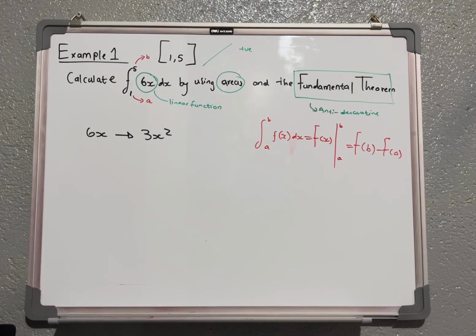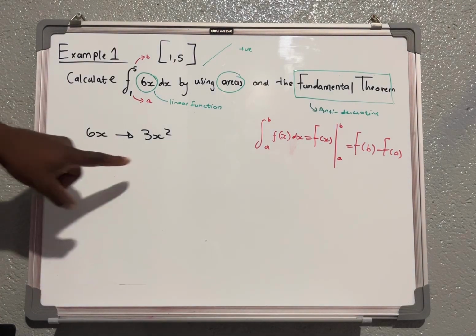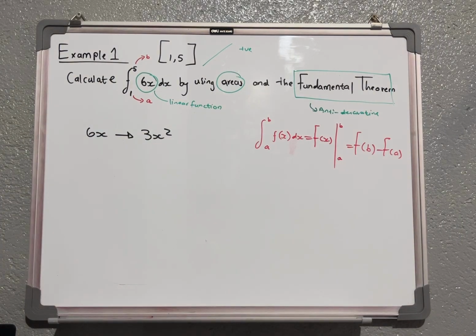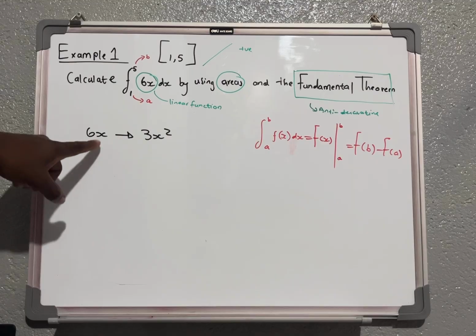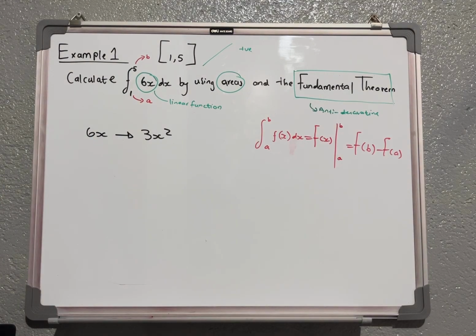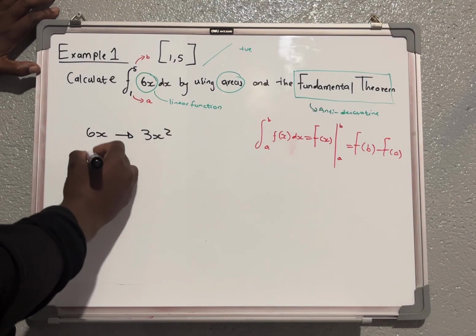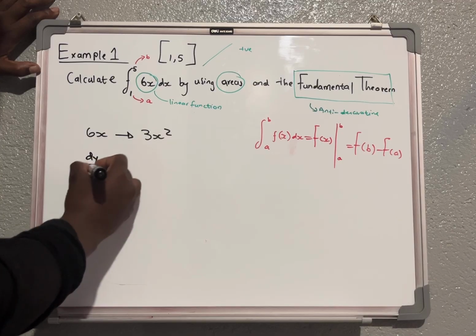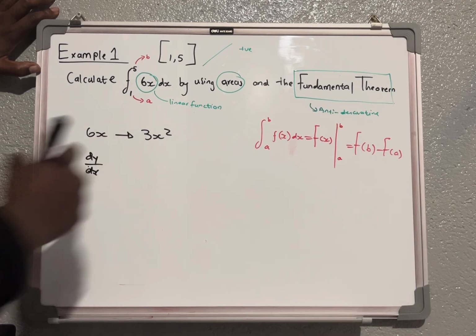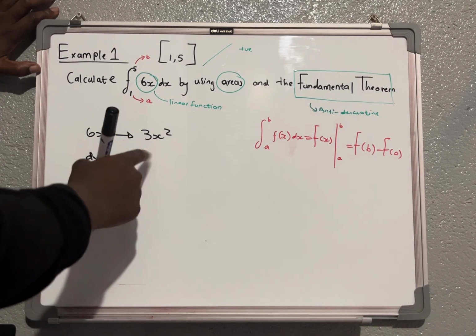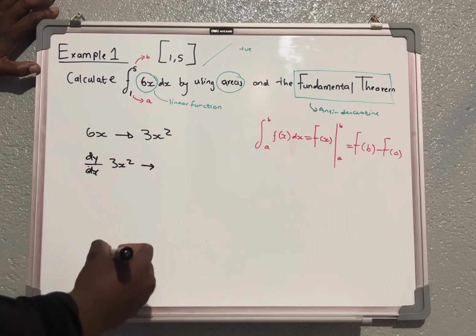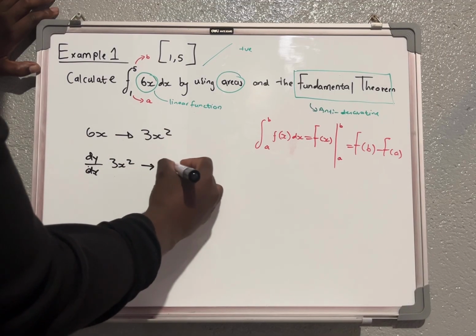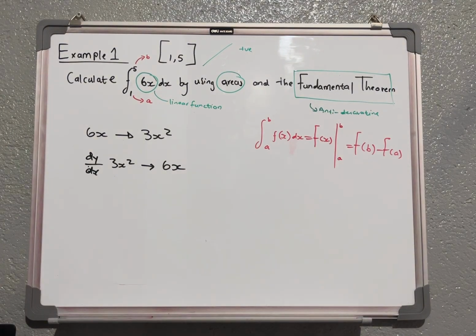If you work it back, you still get back to 6x. Let's differentiate our 3x squared: we multiply the exponent by the coefficient, and we get 6x.